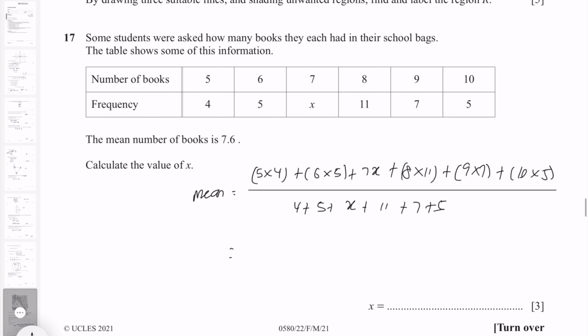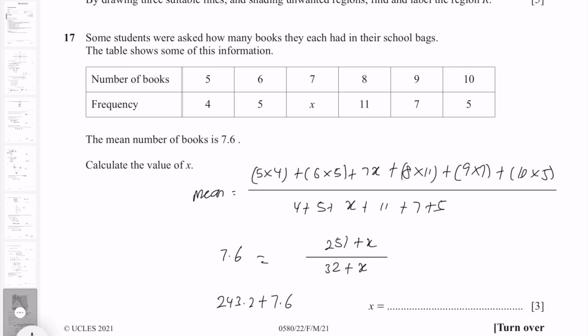Alright, so that's 20 plus 30 plus 88 plus 63 plus 50. So 251 plus x over 4 plus 5 plus 11 plus 7 plus 5. So that's 32 plus x. And that equals 7.6, because that's the mean. 7.6 times 32 is 243.2.